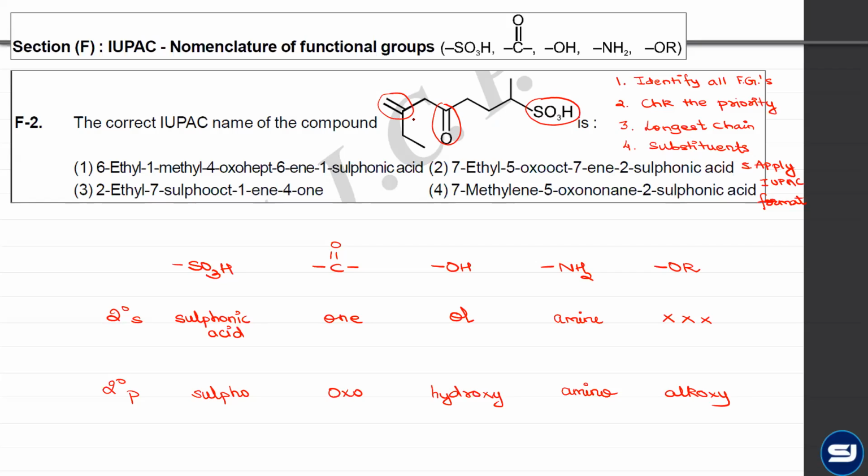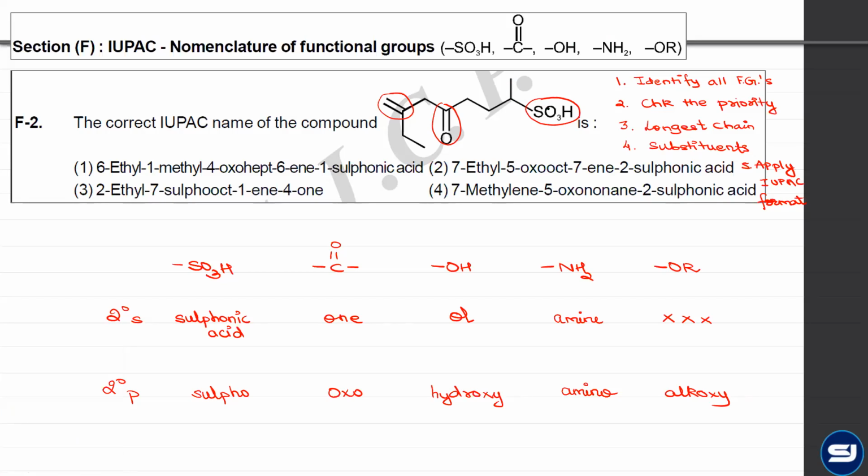Sulfonic acid, ketone, alkene. Check the priority, and the priority goes to sulfonic acid. Next, longest continuous chain will be of 8 carbon. So your longest chain which is continuous will start from this.